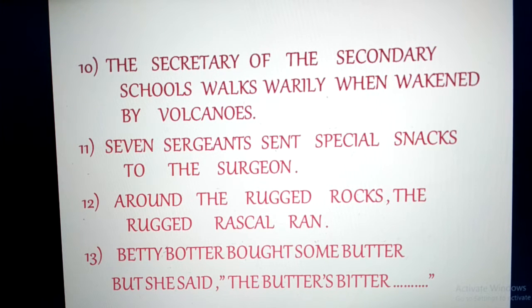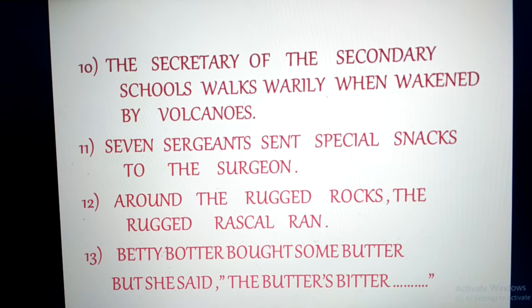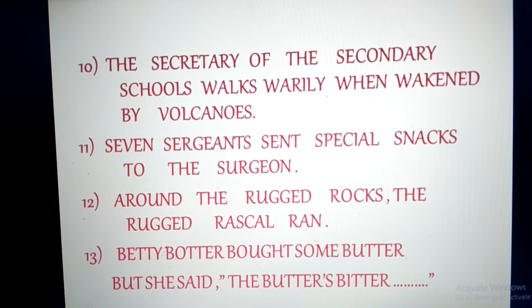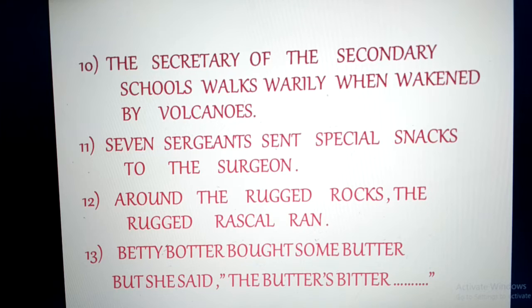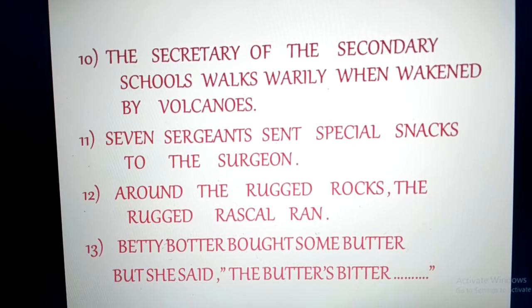A very interesting sound of S is being produced here. Around the rugged rocks, the rugged rascal ran. The letter R is used here to produce the effect. Being the first letter, this is an example of alliteration.